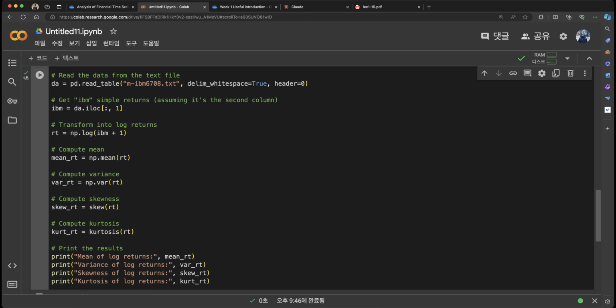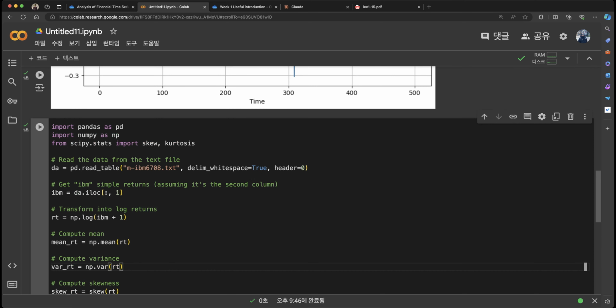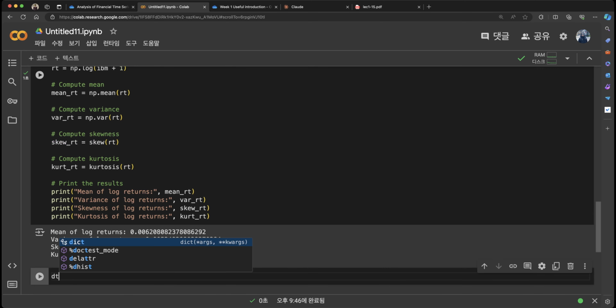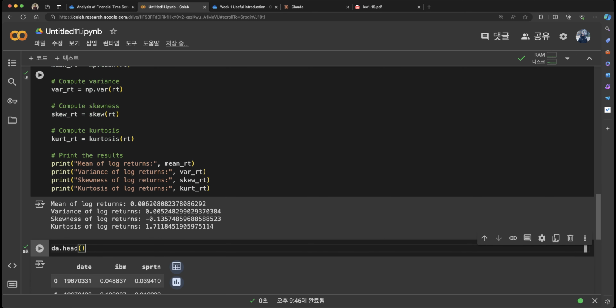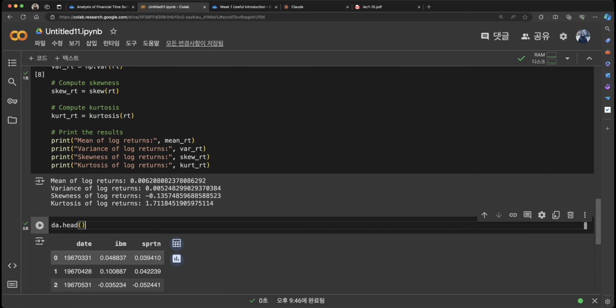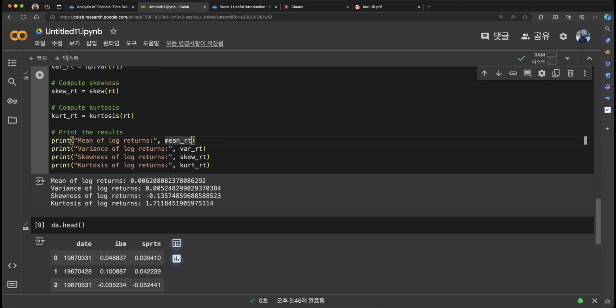Okay, the data is what? It is monthly data, right? So if we multiply by 12 over here, then of course it will be the annual return.